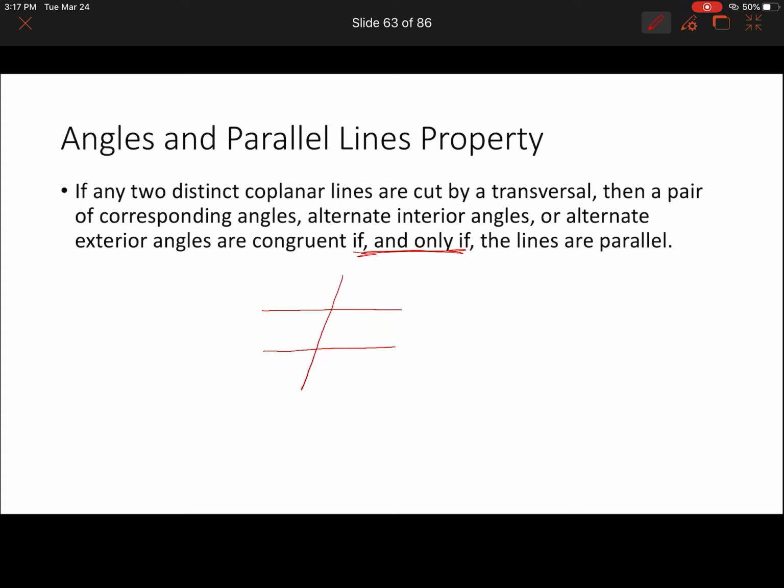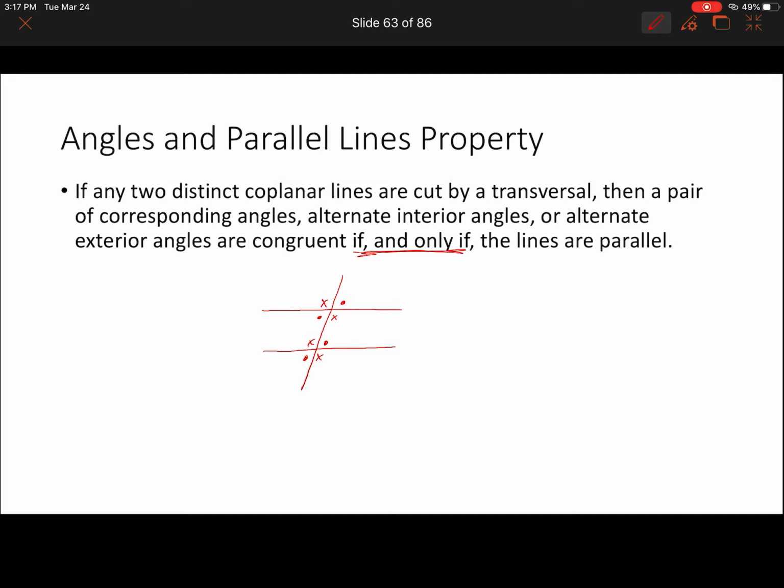It's where we stopped, saying that if two lines are parallel, so let's use this example, and they're cut by a transversal, then corresponding angles are congruent, vertical angles are congruent, and alternate exterior angles are congruent.